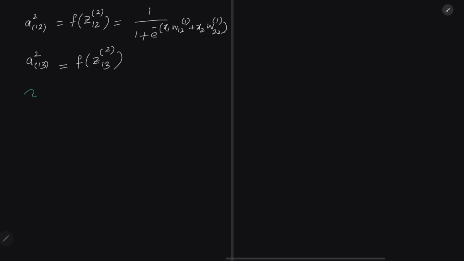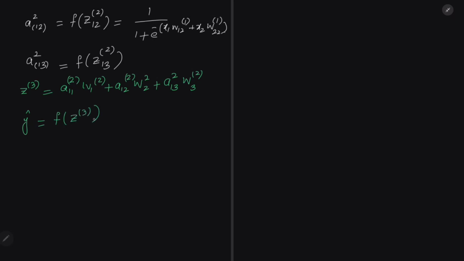Now Z3 will be equal to A112, layer number 2, and the weight is W12, plus A122 W22, plus A213 W23, and finally the answer can be obtained in the output y hat by applying the activation function to Z3.